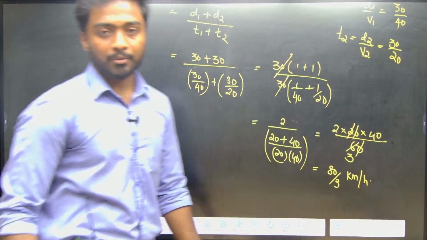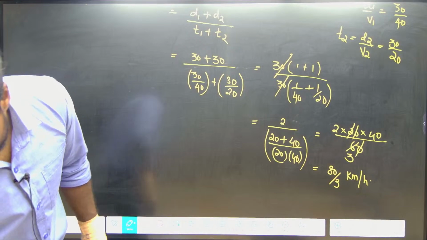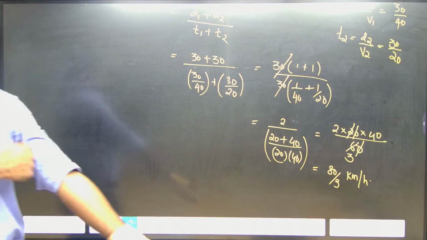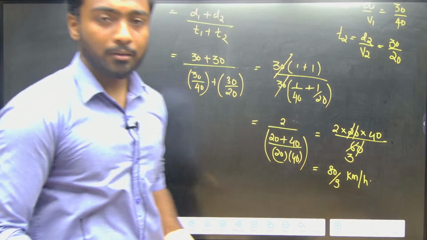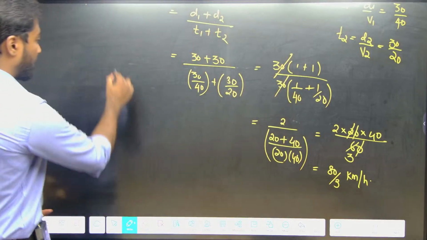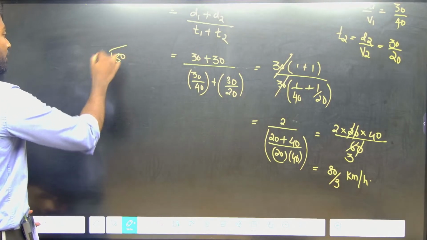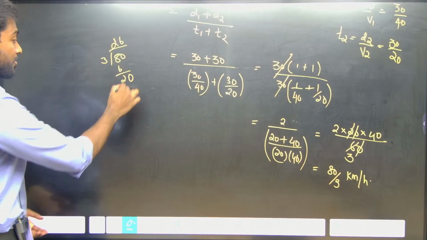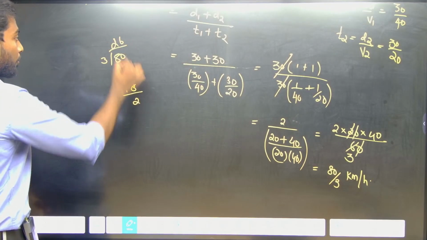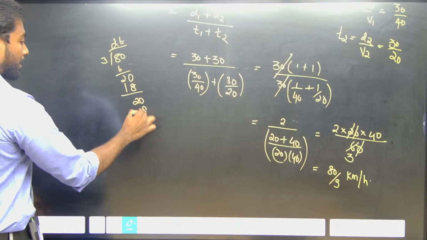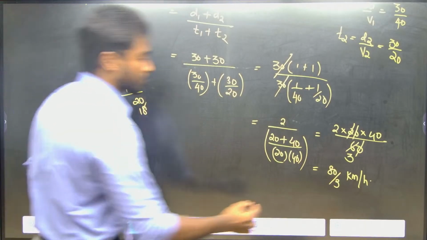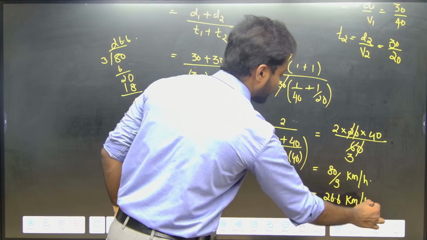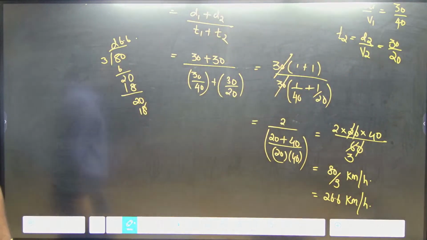This is my answer. Still, further if we want we can simplify it. 80 by 3, it is going on 26.6. So 26.6 kilometer per hour.